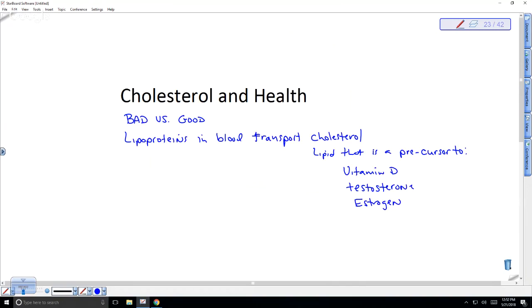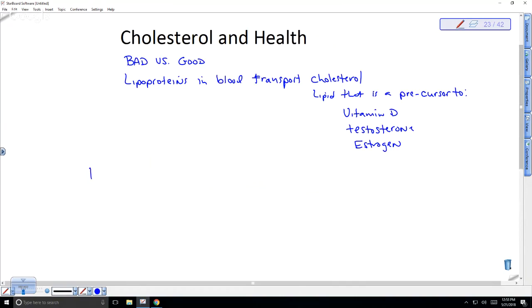So the upshot is that we need cholesterol. We don't necessarily need to get it in our diet, but we need to find out what causes cholesterol to build up in our blood vessels and cause problems. And that's where the bad versus the good comes in. So we have two different types of cholesterol, and they are called high density, not cholesterol, but lipoproteins, high density lipoproteins.